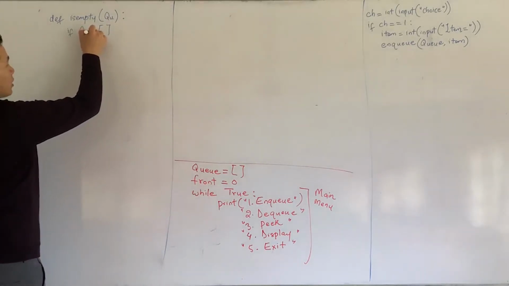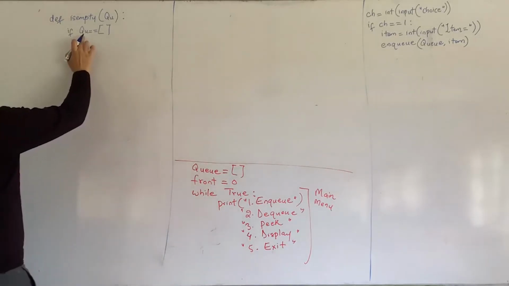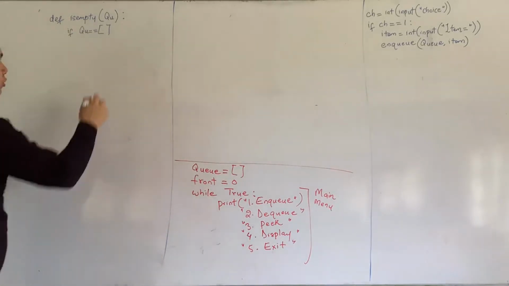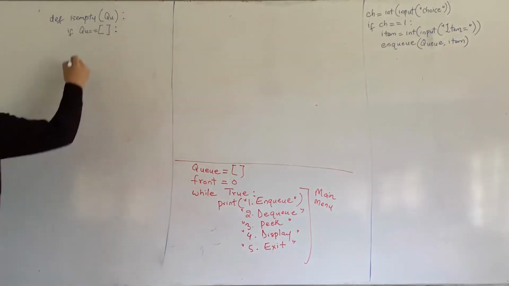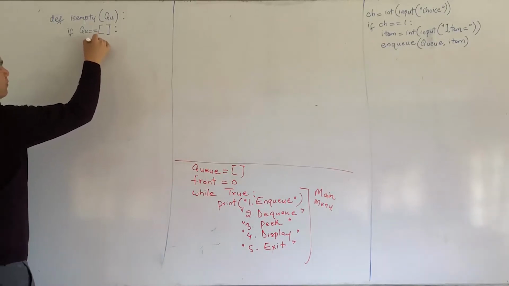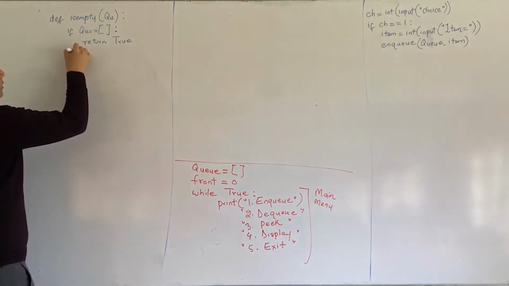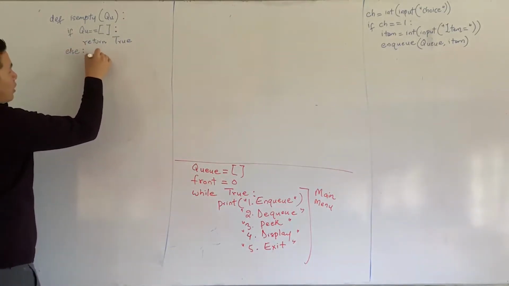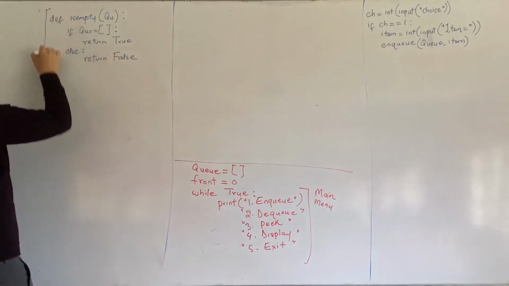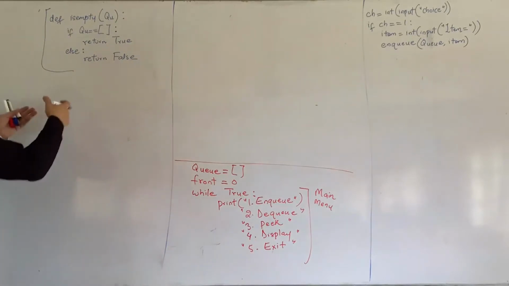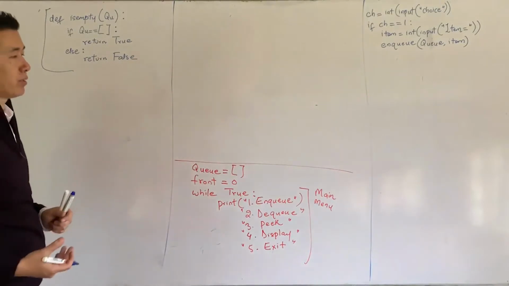You have these two equal to signs, right? Or you could have the length of queue is equal to 0. So there are two ways to check whether the queue is empty or not. If the condition is true, then I'll return a boolean value of true, else I'll return a boolean value of false. So this is the function definition for is empty, which I'll be using in the function definitions like the DQ and then the peek.